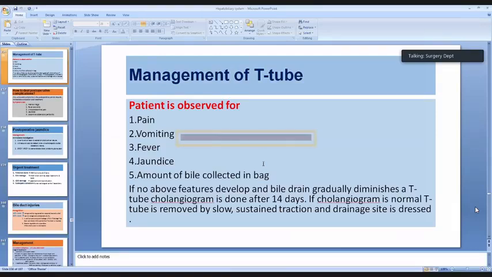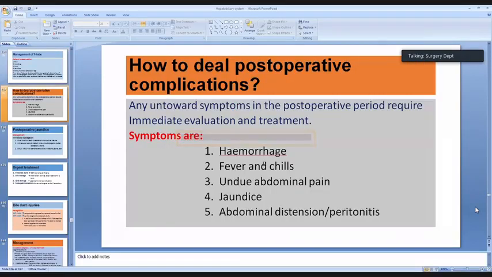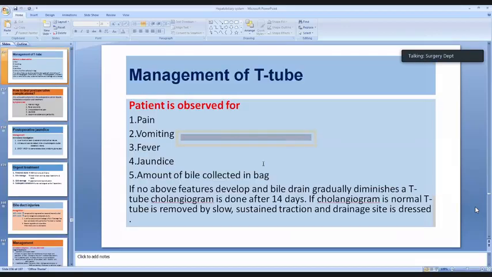If it is seen that there is no development of this symptom and progressively bile collected in the bag is reduced, then we can do a T-tube cholangiogram, and after that if it is normal, it can be removed by slow sustained traction. আর যদি দেখি after clamping there is development of pain, jaundice or vomiting, then we have to ascertain whether there is a block or not. আমরা তখন T-tube cholangiogram করে we try to understand that biliary channel is all right or there is some block.